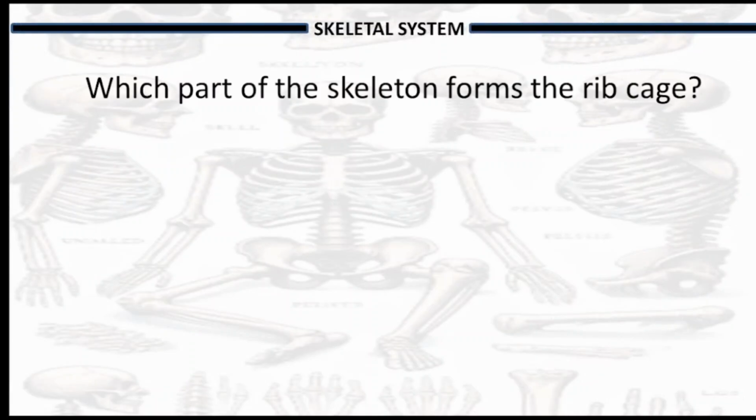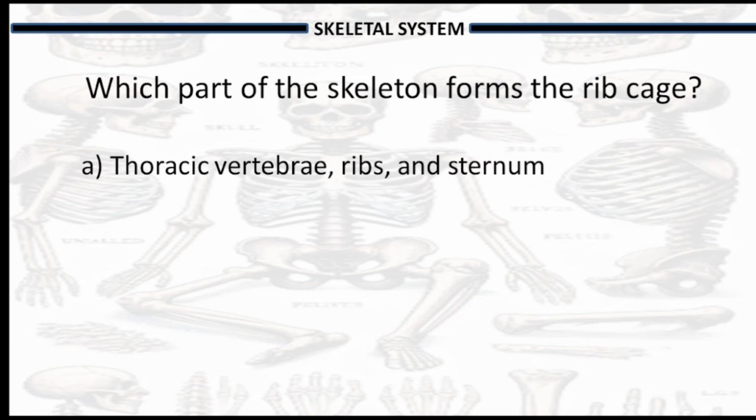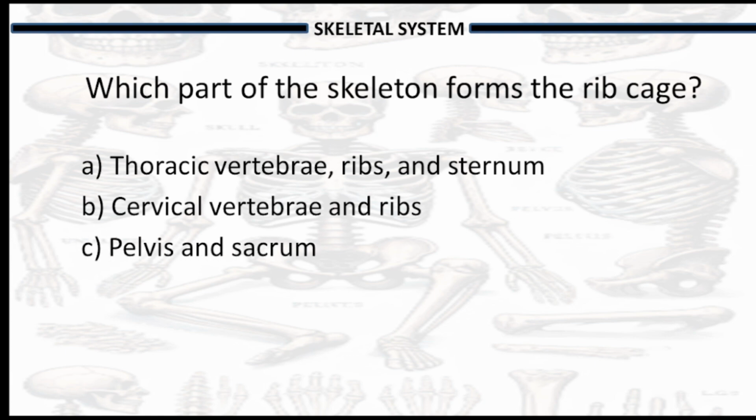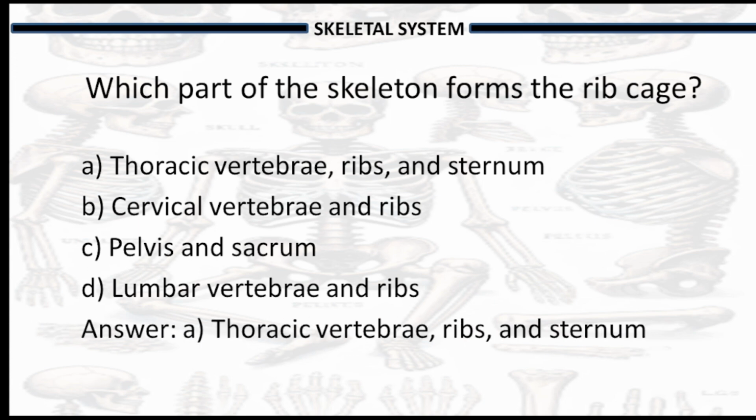Which part of the skeleton forms the rib cage? Answer is thoracic vertebra, ribs and sternum form the rib cage.